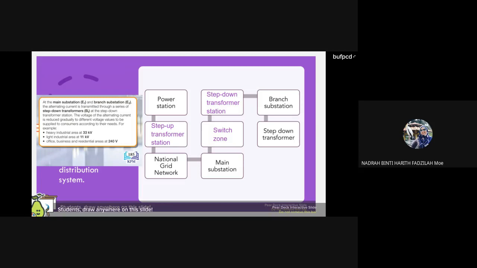So in this flow chart, the function of the step down transformer can be found in two different steps: in the main substation after the switch zone, and inside the branch substation. Hopefully this helps you understand the content better.